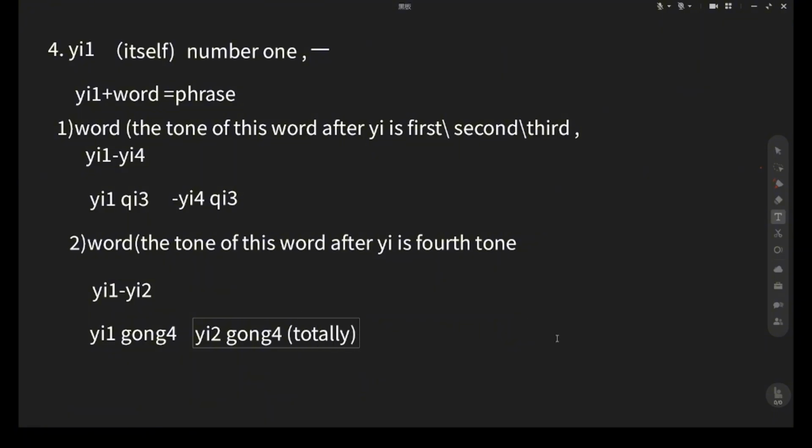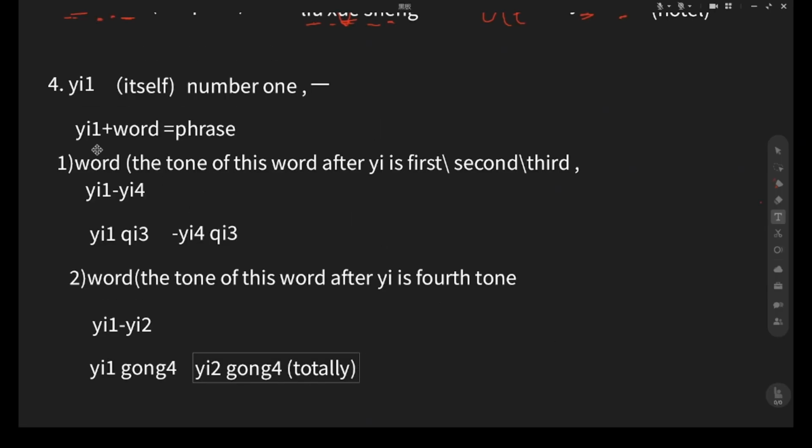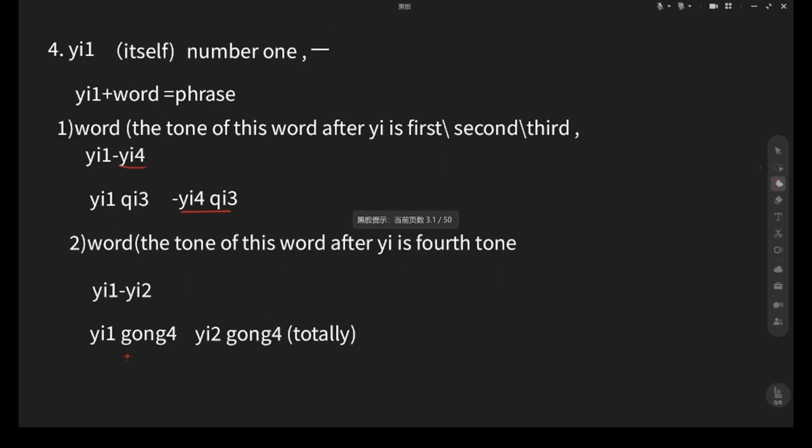So I say it again. The words after 一, if the tone is the first, second, third tone, then this 一 we change to the fourth tone, okay? See? We don't read 一起 with the first tone, we read it with the fourth tone, right? Then if the tone of this word after 一 is fourth tone, like 一共, we change to the second tone, okay?